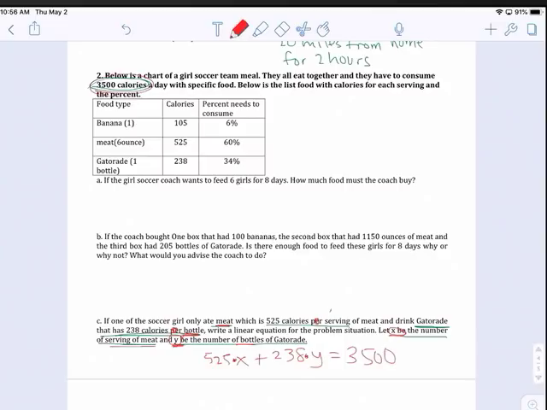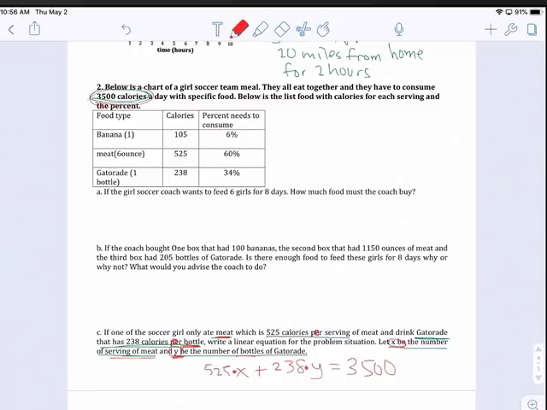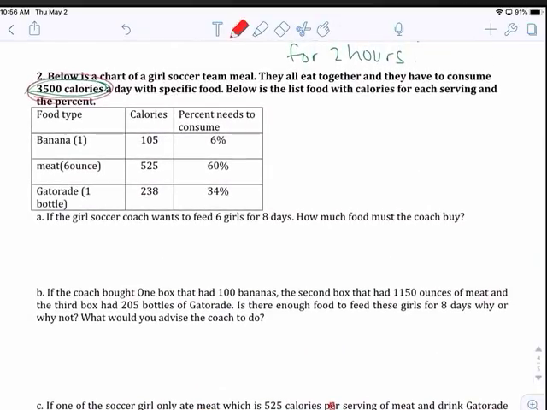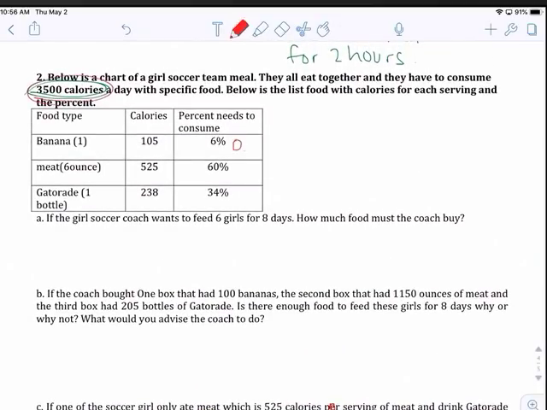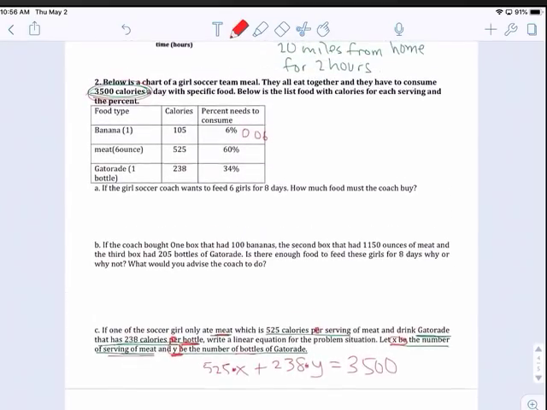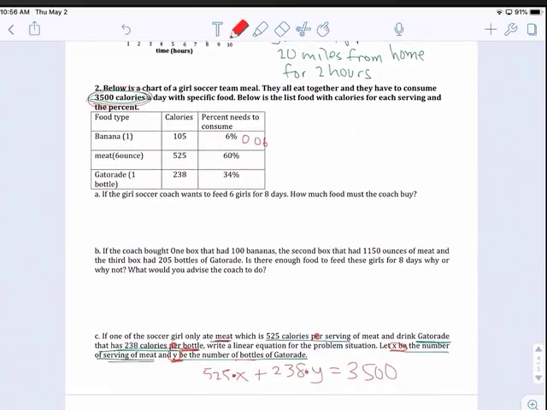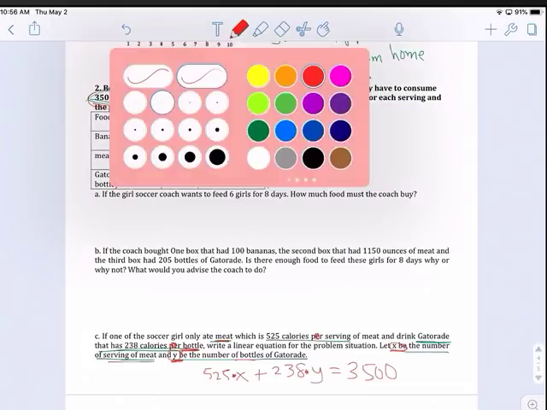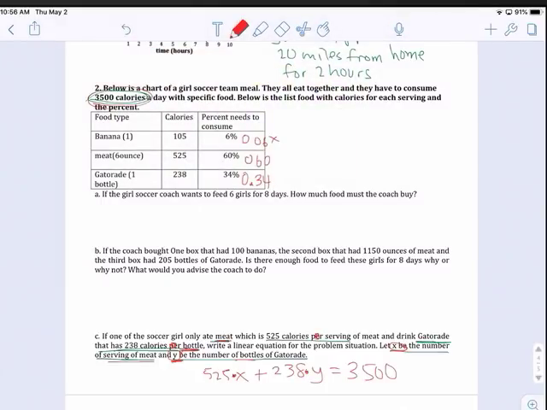Okay, now on to this one. It was decimals first. It includes a little more. 0.60, 0.34. And then multiply this by 3,500.